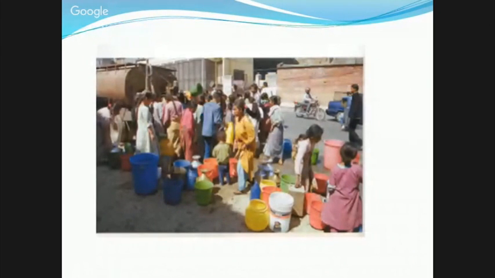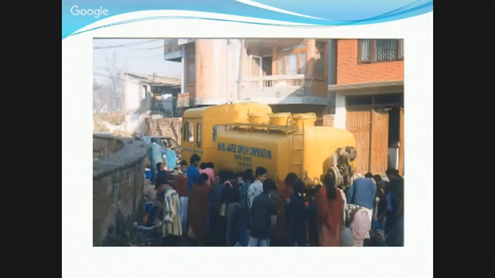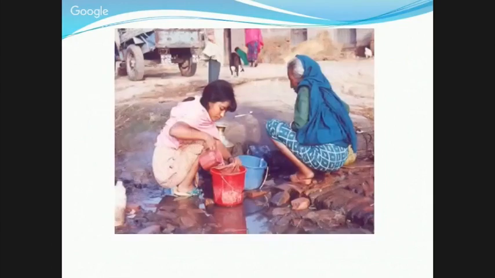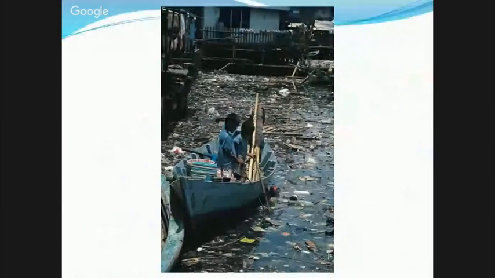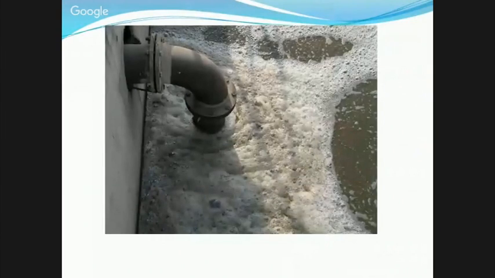And you can see this picture in most of the Indian states during the summer period. People are using the same wastewater. You can see the situation of this water body, where industrial water or sewage water is directly being thrown into our water body.